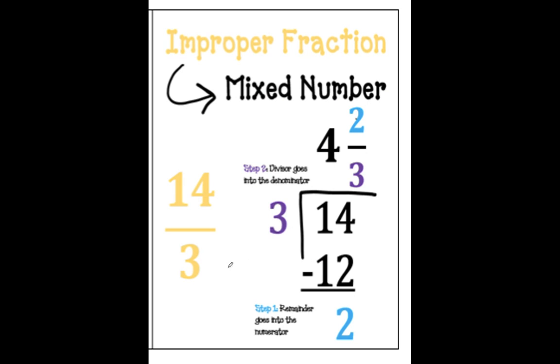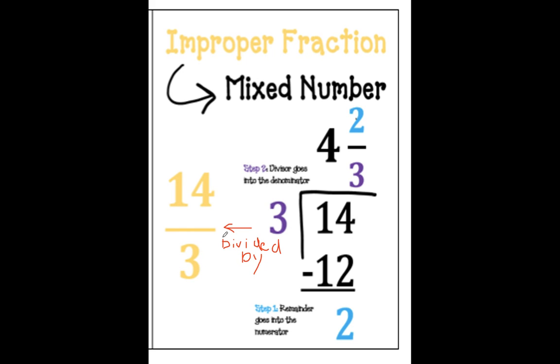But what if I started with an improper fraction first and I needed to make it into a mixed number? This line here that splits your numerator and denominator means the words divided by. So really what this fraction says is 14 divided by 3. 3 is my divisor and 14 is my dividend.